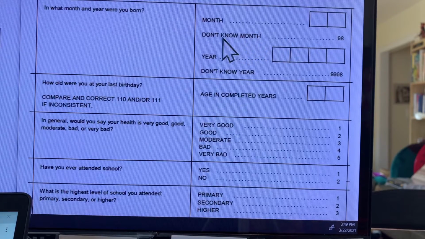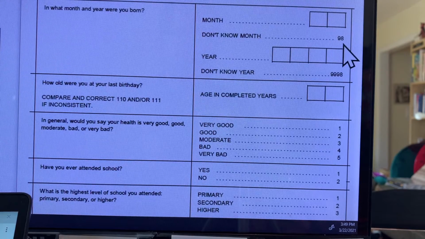And that's why you also add something here. If the person says, and that happens several times in many rural areas, many countries, if the person doesn't know the month, then you don't leave it blank. It always has to be filled in.